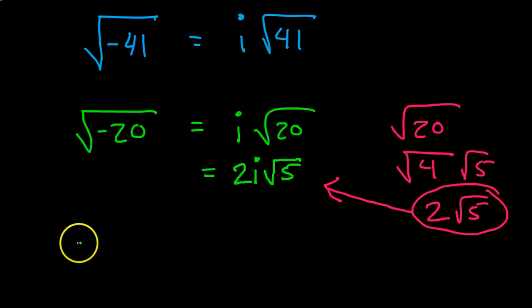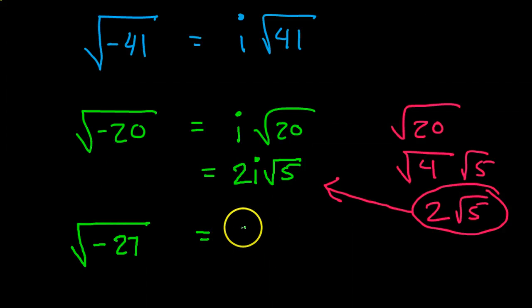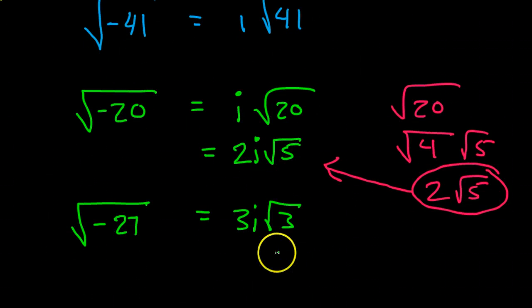Let's do that again. Say I have the square root of -27. The square root of 27 is 3 radical 3, but that negative is going to become an i in the middle. So that is how you simplify radicals.